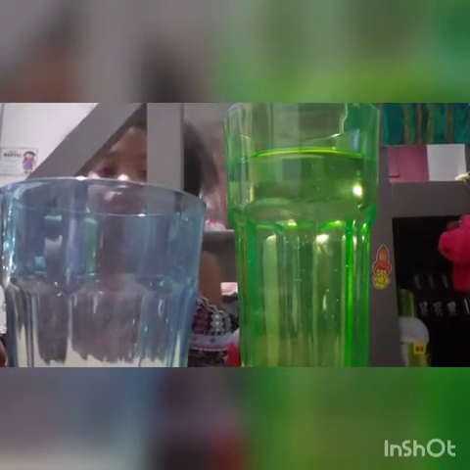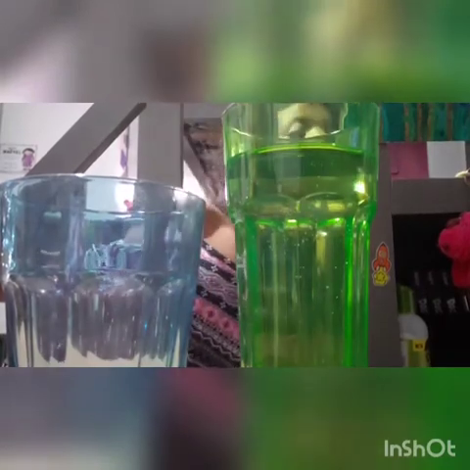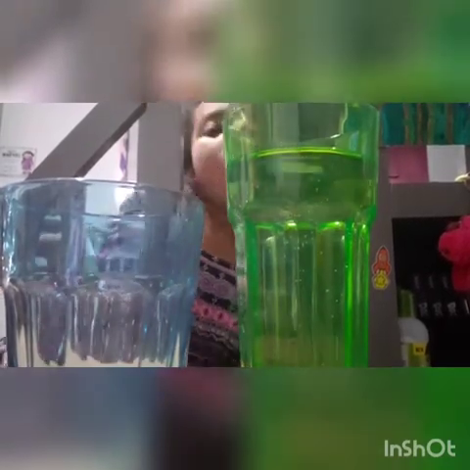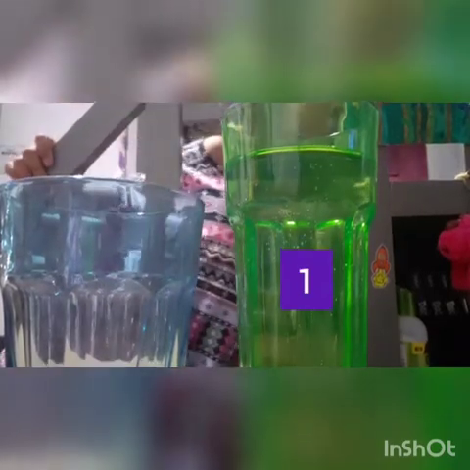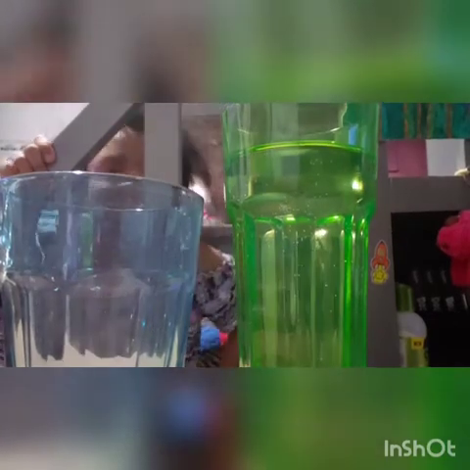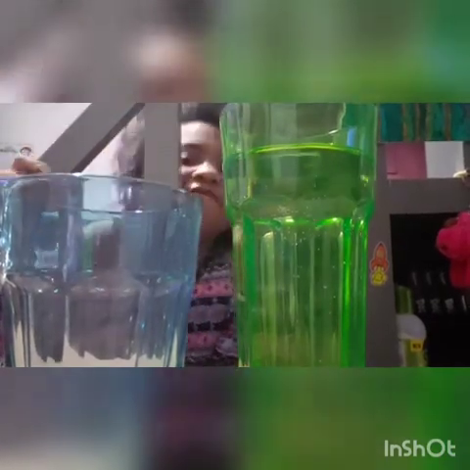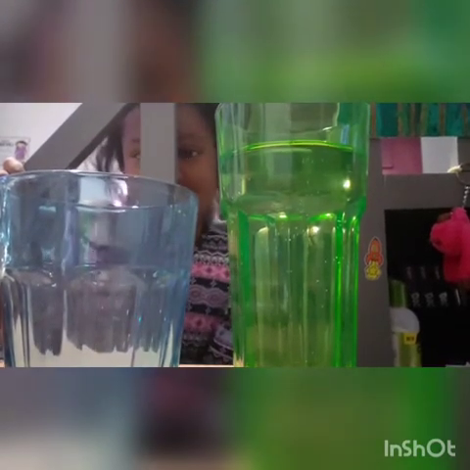Now here we have two different glass cups. Besides that their colors are different, take a look at their shape. One is tall and thin, while the other one is short and maybe not so thin as the other one. Remember, with liquids, their shape can change depending on the container that they're in.